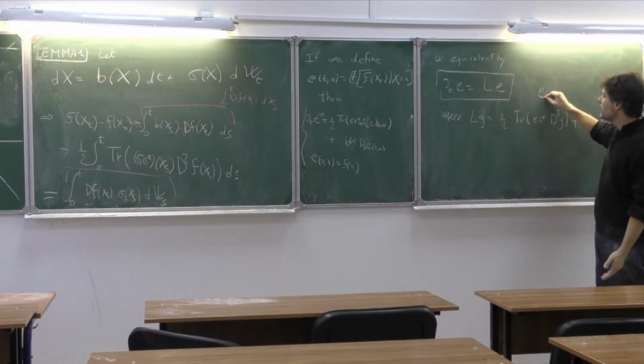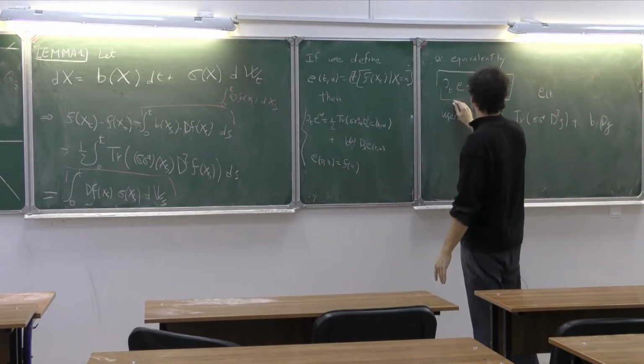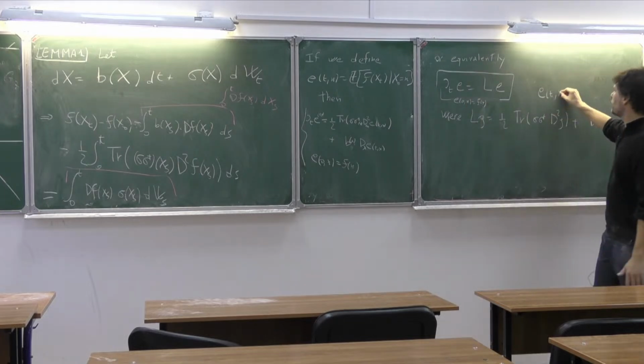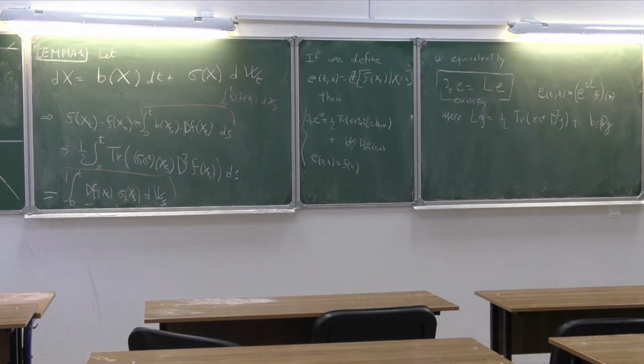So indeed, one can write that the solution E at time 0 is f, so E of 0 and x is f of x. You can write the solution formally in this way: e to the tL applied to f, at x. You know that if you write the differential equation x dot equals Ax, the solution writes as e to the tA x at time 0.